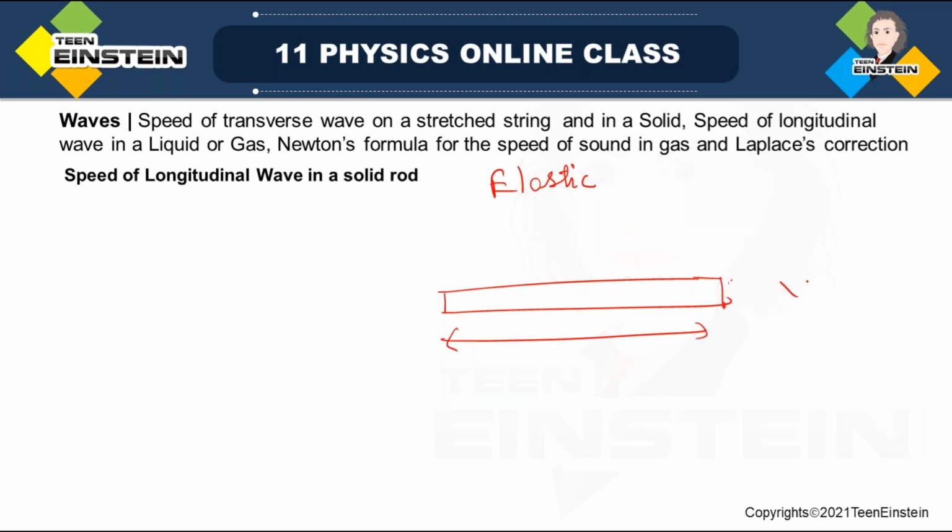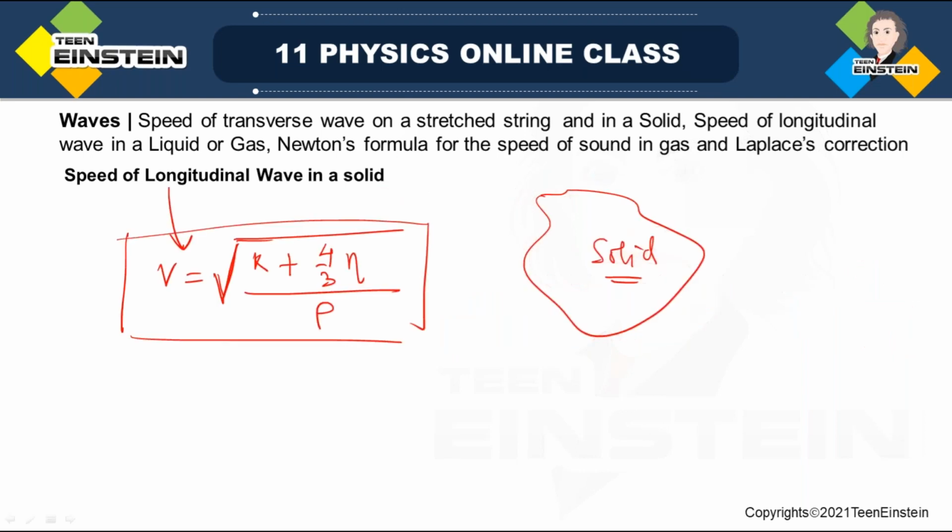So we can consider just the Young modulus, that is F by A stress divided by delta L by L. Okay, this is the only change in the length. We are not considering the change in the breadth in the case of an elastic rod.